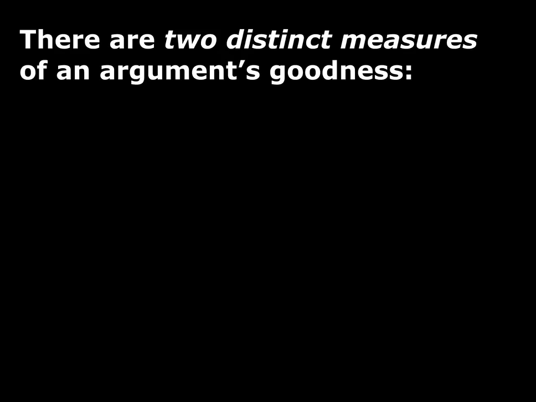Now, so far I've been using this word good, like the argument is good or it's bad or the argument fails. That's really rough, and right now we're going to get more clear on what that means and introduce some new terminology. It's going to turn out that for any argument, deductive or inductive, there's two different ways in which an argument can be good.